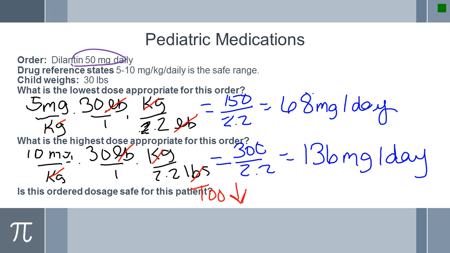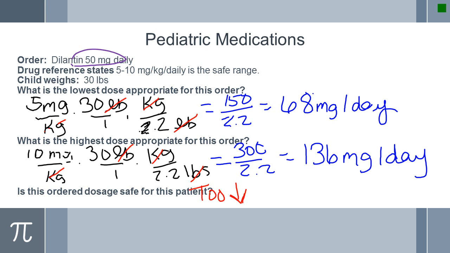Do the math. 10 times 30 is 300, divided by 2.2 gives you 136.36, so 136 milligrams per day.